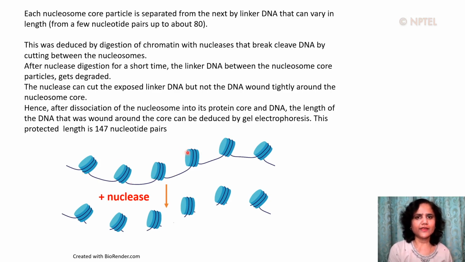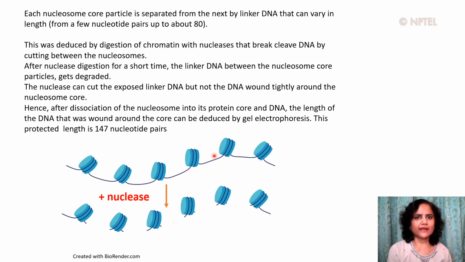This organization of the chromatin fiber was deduced by digestion of chromatin with nucleases that cleave the DNA by cutting the DNA which is between the nucleosomes. So in this experiment, after micrococcal nuclease digestion, the linker DNA between the nucleosome core particles gets degraded by the enzyme.